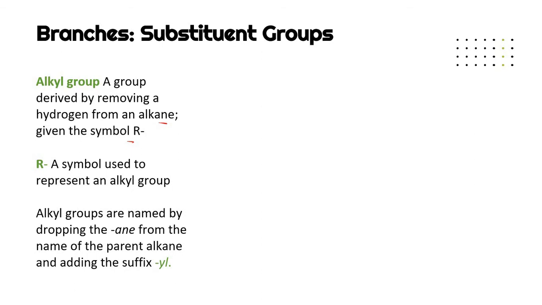And how do we name these? The alkyl groups are named by dropping the -ane from the name of the parent alkane and adding the suffix -yl. So drop the -ane and change it with -yl. For example, methane: drop the -ane, change it with -yl, so it's methyl. How does it look like?